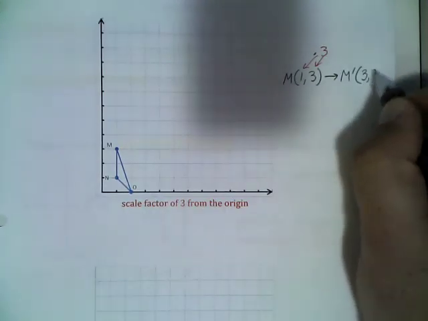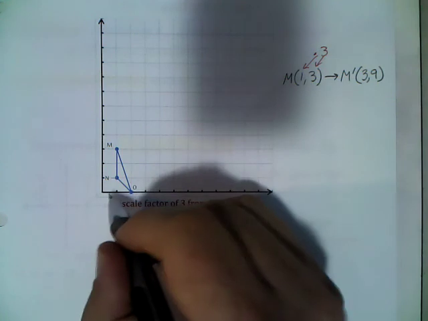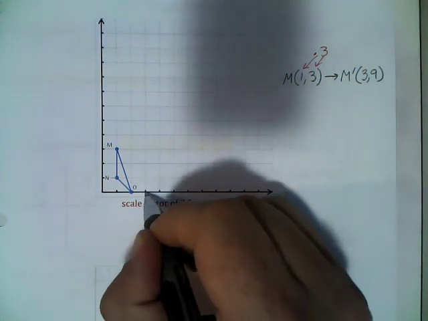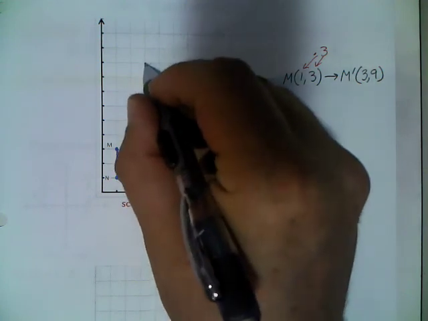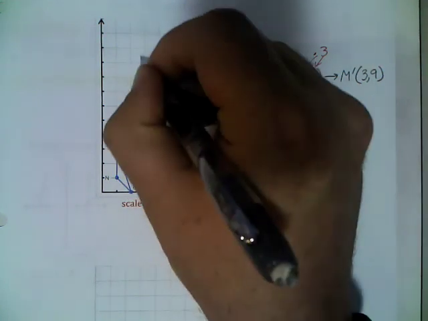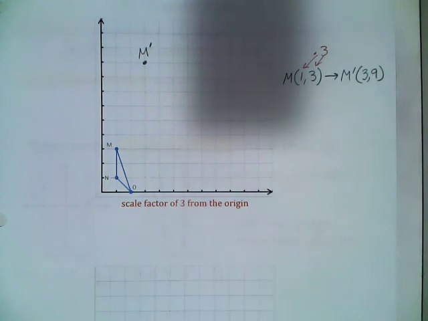So my new point will be 3, 9. So 1, 2, 3, 1, 2, 3, 4, 5, 6, 7, 8, 9. That is my M prime.